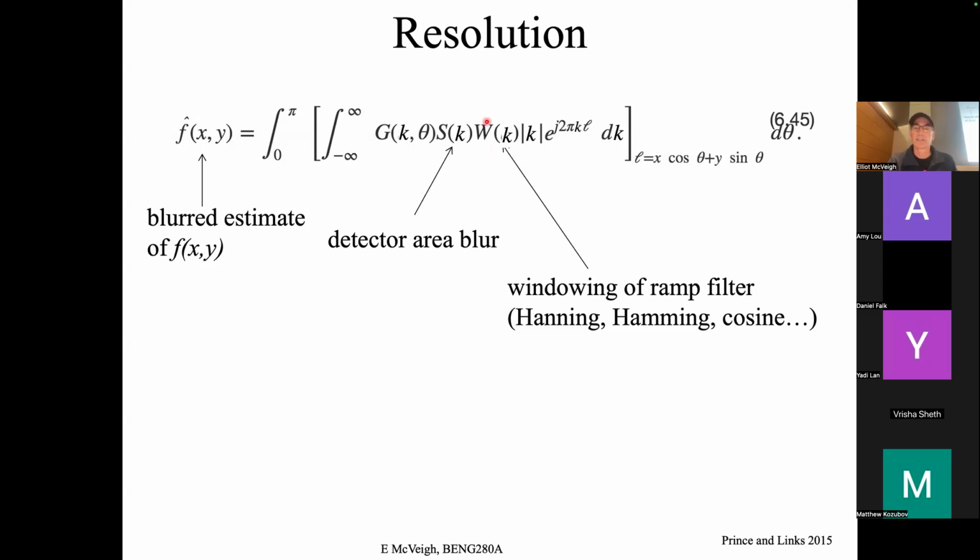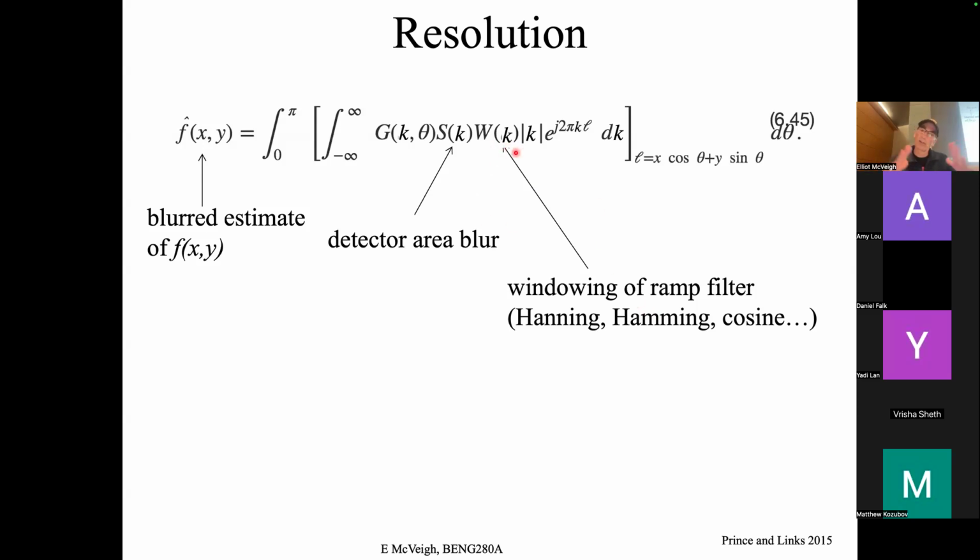So what are these terms here? We know what this term is. It's a ramp that starts at k equals 0 at 0, and then it goes up just linearly. This is the window that we multiply that ramp by in order to make it behave better. We looked at a few of those: Hanning, Hamming, cosine, all of those things that roll down at high frequencies, we call the windowing function.